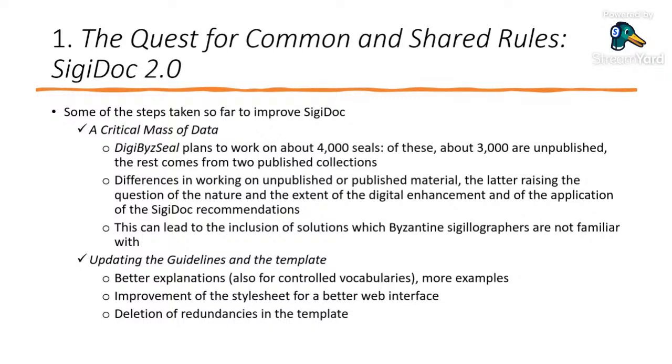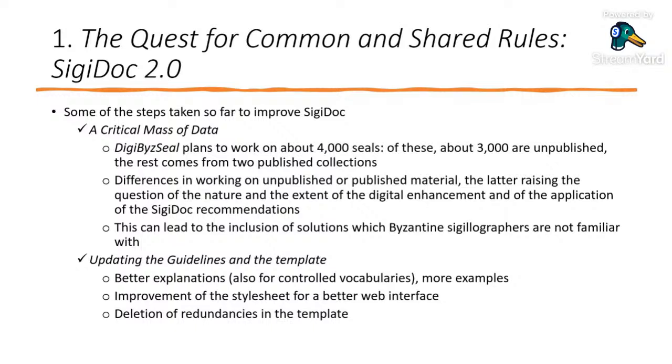And the action itself of having one data model with given rules, compared to the variety of solutions to edit the same things adopted by sigillographers, was an important challenge in transforming these paper publications into digital publications.